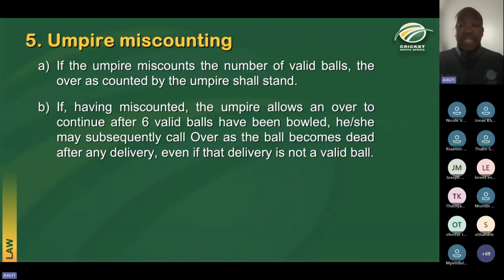So the runs scored off that 7th delivery, if a wicket was taken, or if any other incidents occurred on that 7th delivery, those details will stand and be counted by the scorers, but there will be no further deliveries allowed.